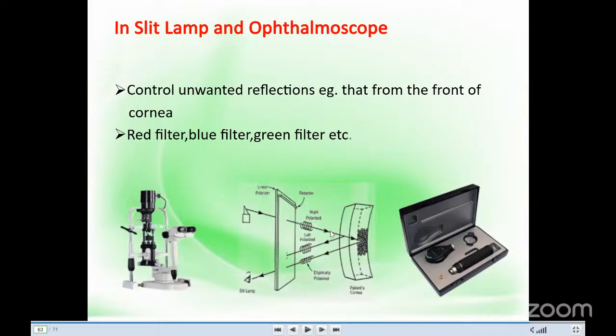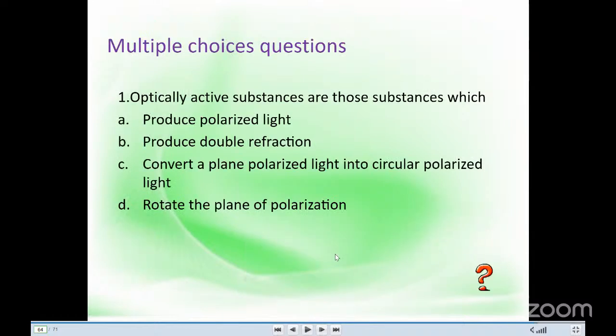Slit lamp and ophthalmoscope. Okay. While you go for an eye checkup, you can observe this. So these are the simple questions. Optically active substances are those substances which dash.